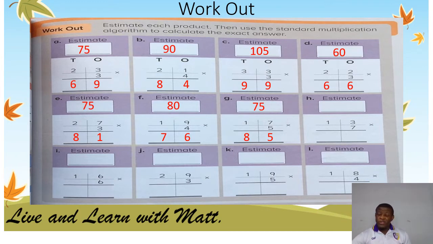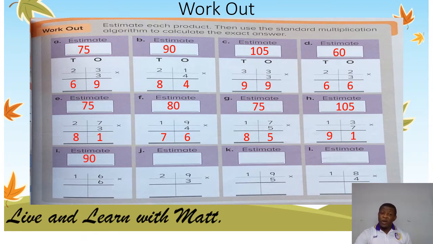Now, part H, 7 times 3 is 21. Actually, the estimate will be around 105. So we carry 2 forward. 7 times 1, 7 plus 2, that is 9. So we have 91. Part I, 16 times 6.